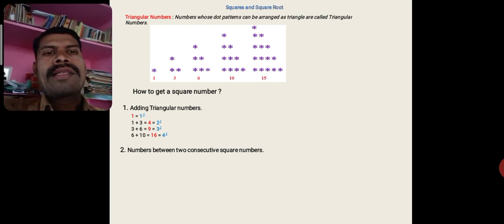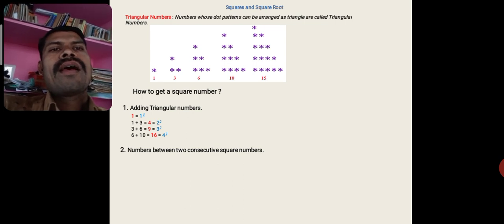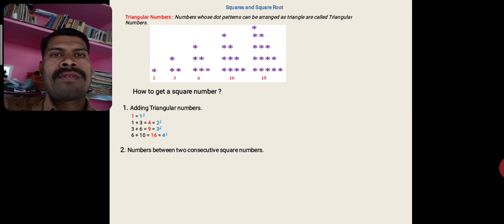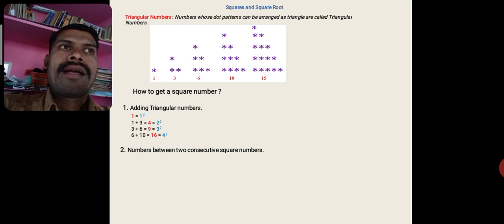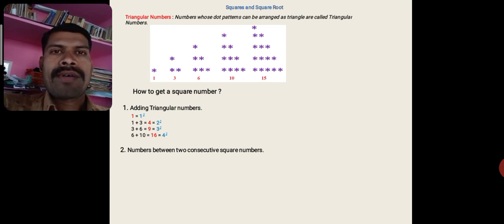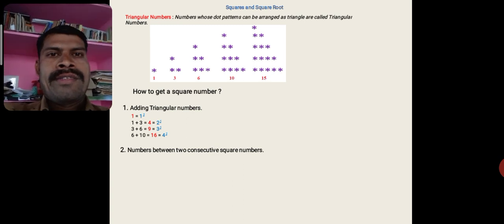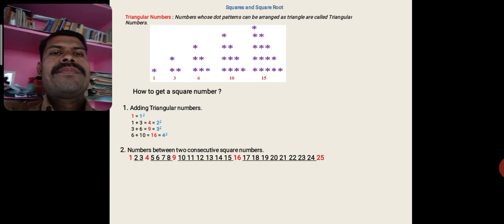You see here the second way how we can get the square numbers. The numbers between two consecutive square numbers. You have to know about this because you have to find the non-perfect square numbers between two squares in the next discussion. That's why. So observe here.